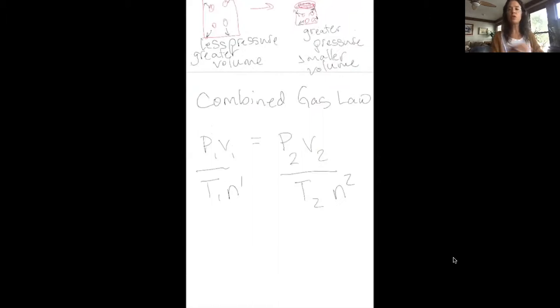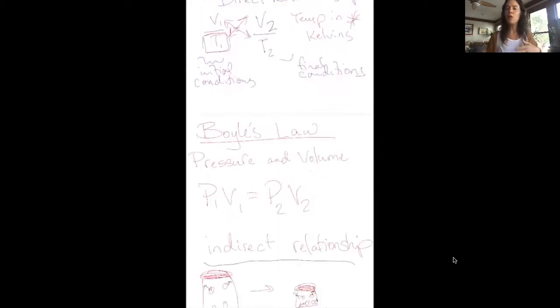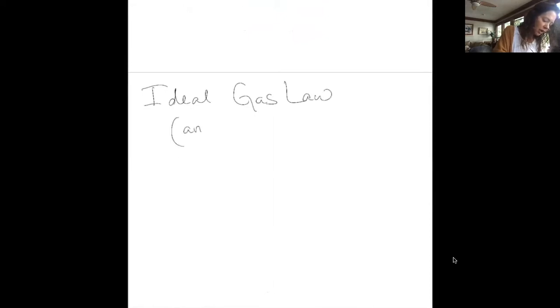These laws are used when your conditions are changing. And we know that because we've got an initial set of conditions and we've got a final set of conditions. If conditions are not changing, but we are at a particular state, then we need another equation, right? And that is our wonderful ideal gas law. This is an equation of state, unlike the others, right?